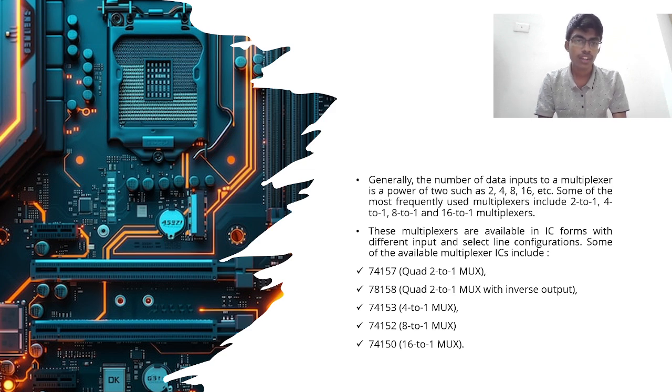At the same time, multiplexers are also available in many IC forms, integrated circuits, with different input and select line configurations. Some of the available multiplexer ICs include the following. For 2 to 1 multiplexer, we have the following two types of ICs, and for 4 to 1 the 74153 IC. At the same time, the following ICs for 8 cross 1 and 16 cross 1 multiplexers.